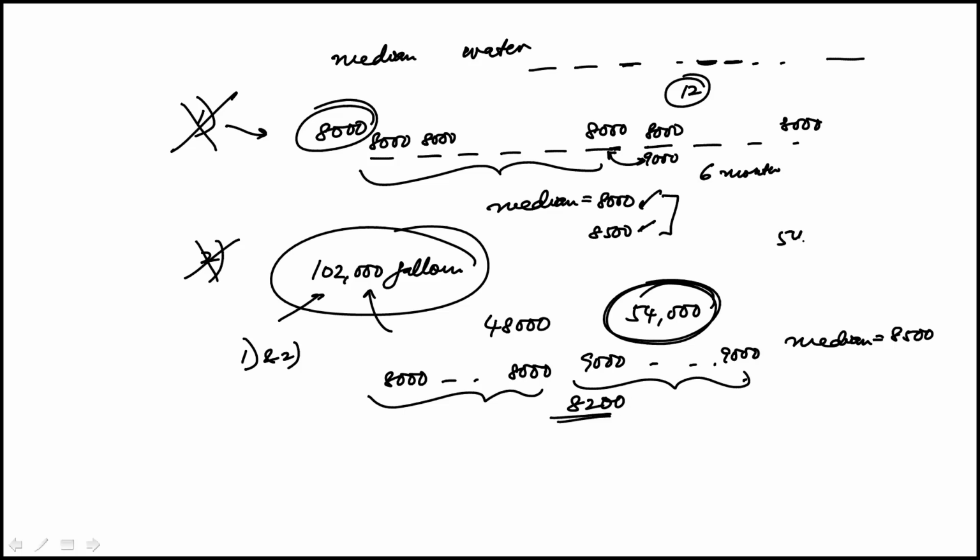Then I'll have 54,000 minus whatever that is left, and I can divide that evenly between the remaining 5 months, and it would be some number. Clearly it's going to exceed 8,200 on average. And now my median will be the average of 8,000 and 8,200, which is 8,100. So I have a different value. So even combined, it's insufficient.